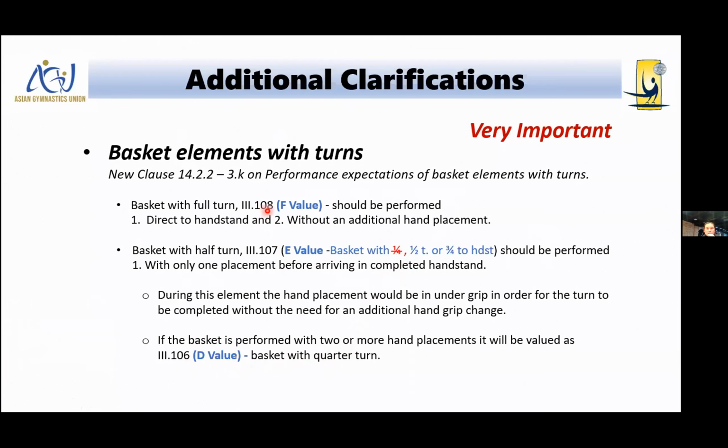There is no change for the Tang Habin, which is F value, which is 1/1 turn without any additional held placement. Then basket with half turn or 3/4 turn is E value like before. And if it is quarter turn or just plain basket to handstand, it is D value. I will show a video for this for better understanding, because this is very important and is going to affect many routines in the examination.